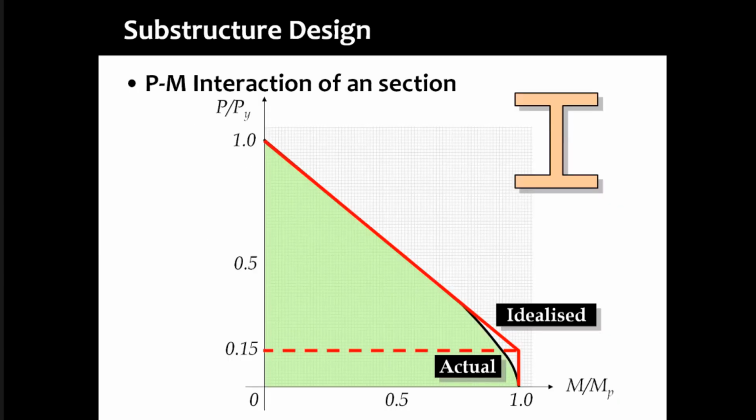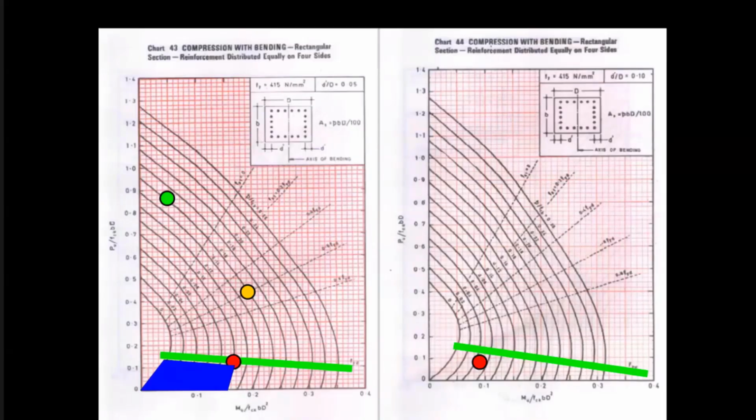In the case of steel structures, of course, you have a symmetric PM interaction diagram, but let's look at concrete here. This is the picture that is familiar to many of our senior designers who have seen this book from 1978 or 1980. And this is a PM interaction diagram. And we use this chart very liberally in many of our activities.